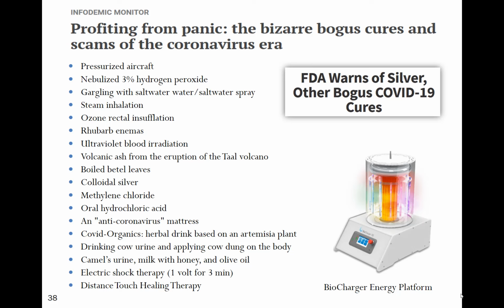This is a herbal drink based on the Artemisia plant. People, particularly in India, are promoting drinking cow urine and applying cow dung on the body. In the Middle East, camel's urine mixed with milk, honey, and olive oil, electric shock therapy, distance touch healing therapy.